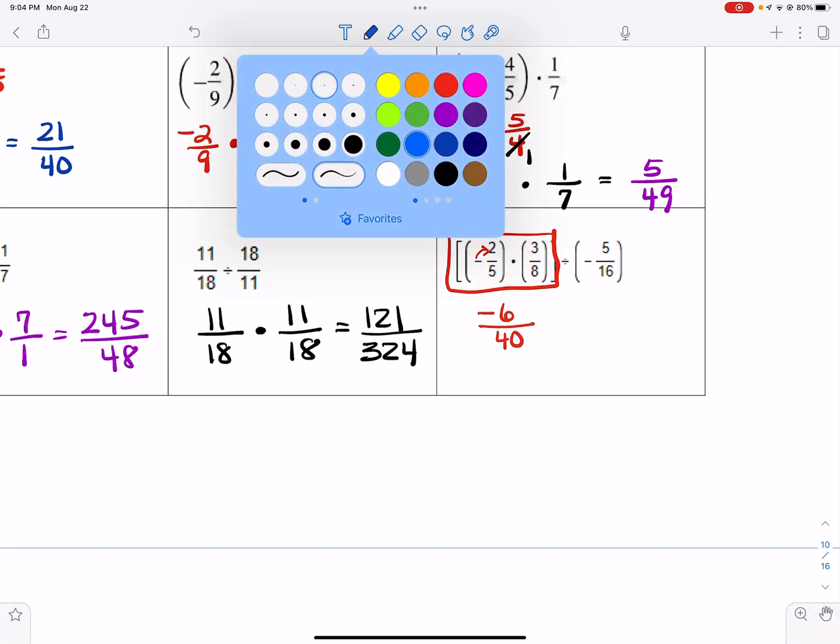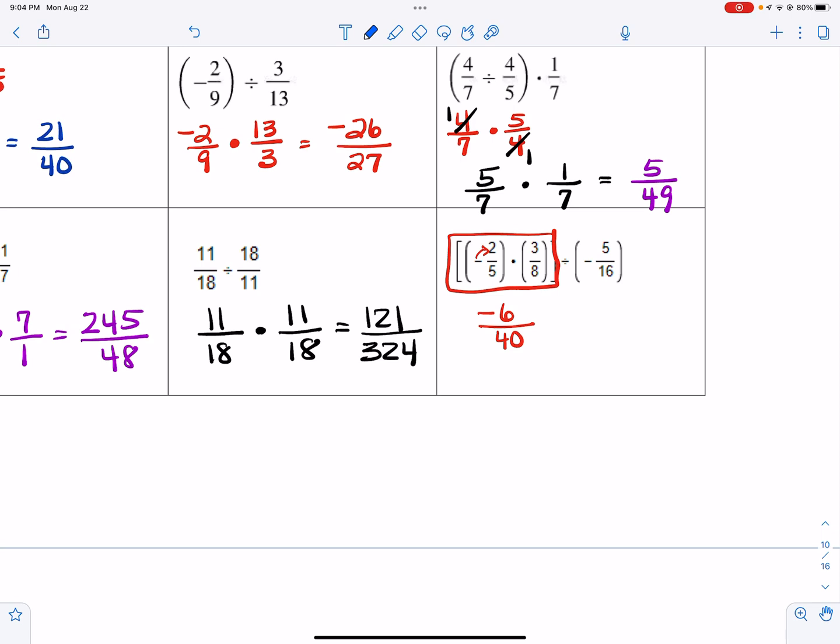So now I'm going to divide by 2, and so that becomes negative 3 over 20, okay?